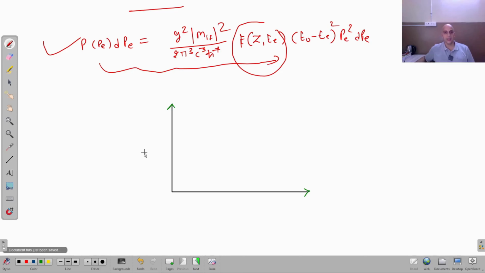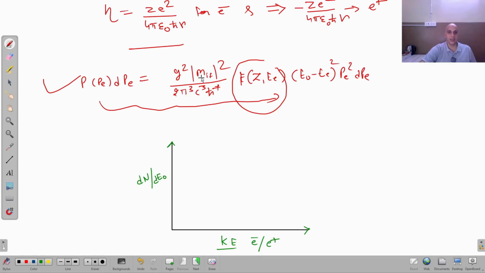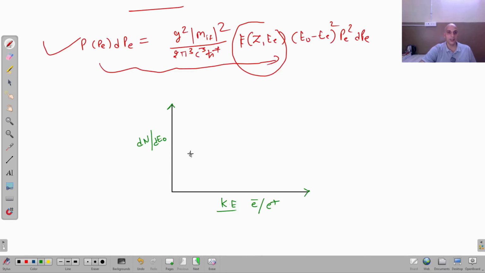This is dN upon dE, the number of observed final quantum mechanical states per unit energy interval, right? And this is the kinetic energy axis, the kinetic energy of the emitted electrons or positrons. So when we studied this relation and plotted it in this way, these are the graphs that I am showing you here.